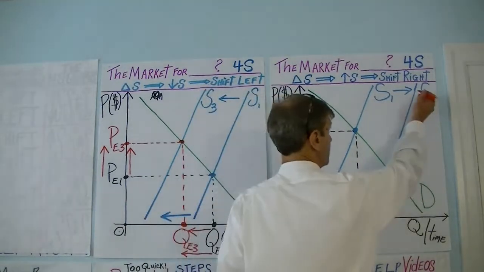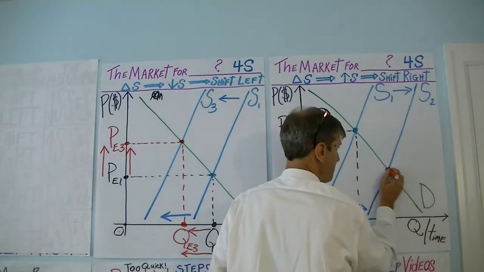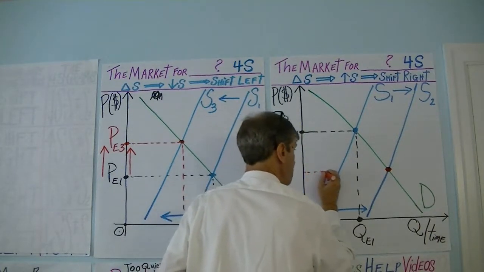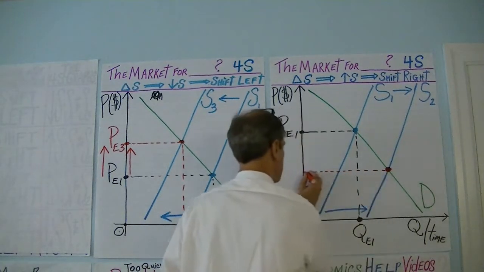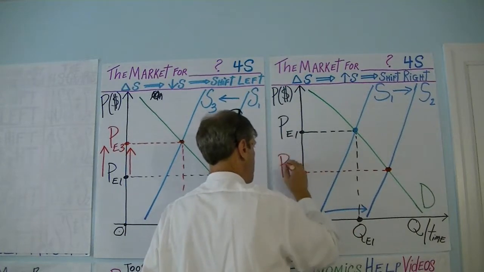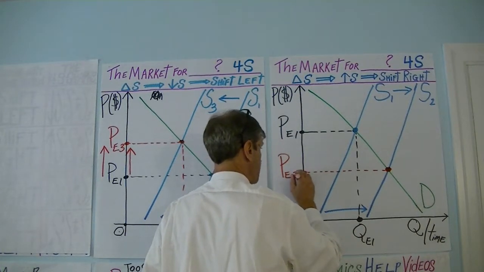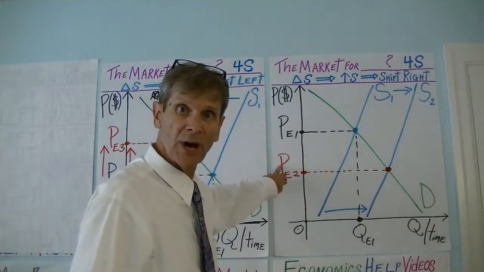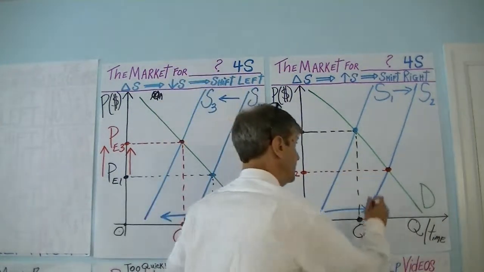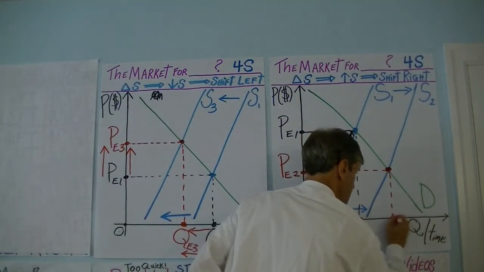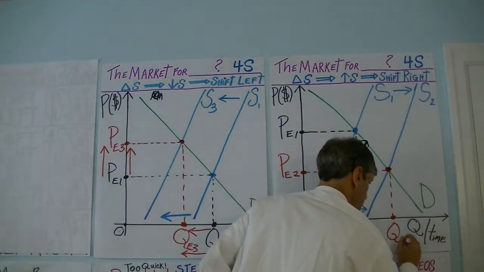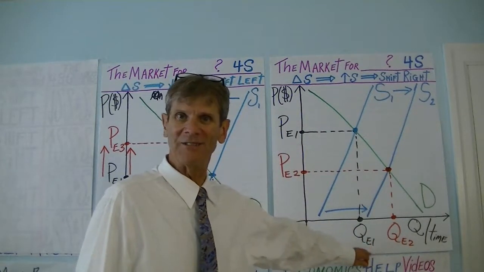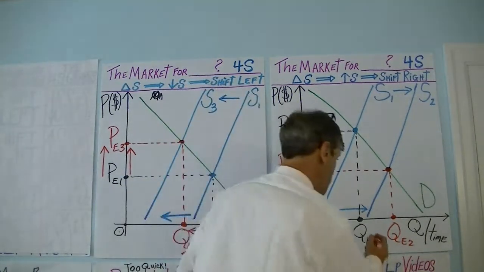So at the intersection of S2 and demand curve D, we're going to have equilibrium values. So that's PE2, or equilibrium price 2, coming from supply curve 2, and QE2, equilibrium quantity 2. Now very quickly, what's happened?